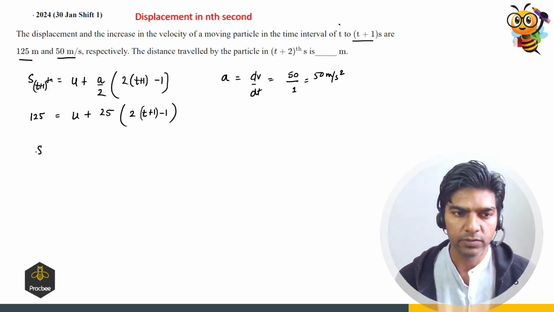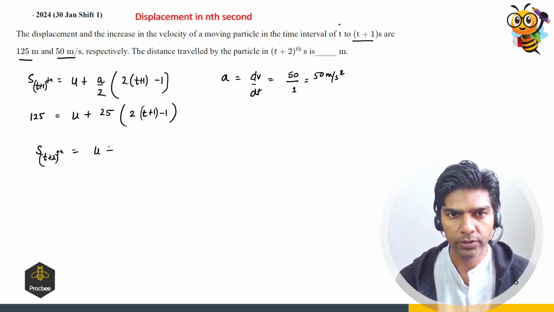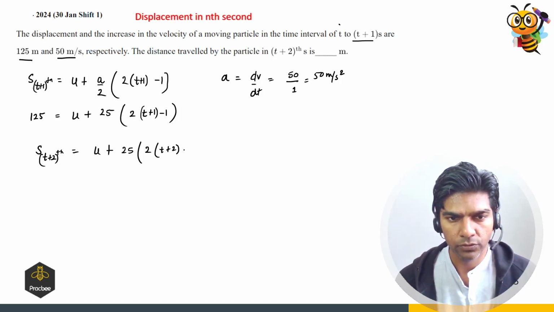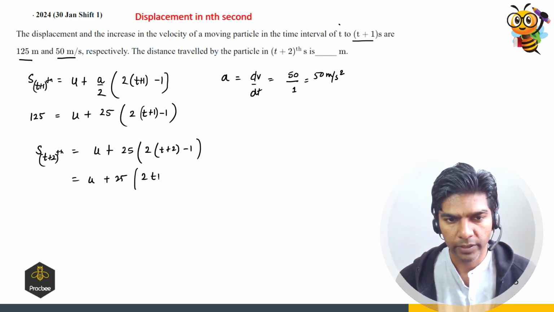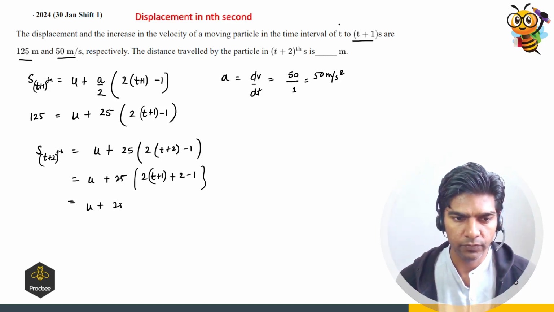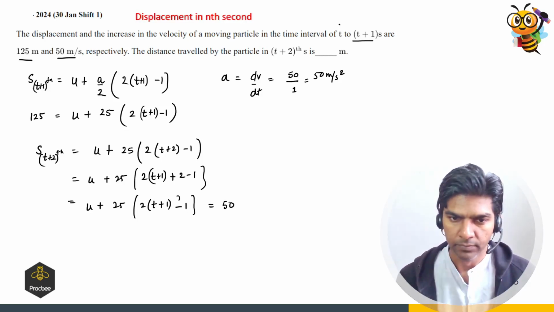And we have to find the displacement in t plus 2th second, which will be u plus 25 times 2 times t plus 2 minus 1, or I can write this as u plus 25 times 2 times t plus 1 minus 1 plus 50, sorry.